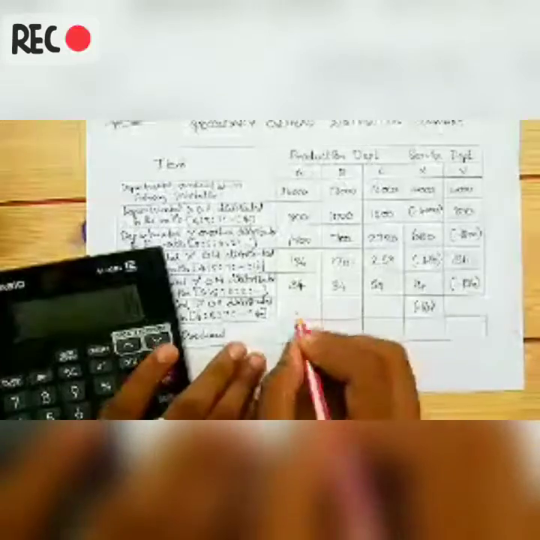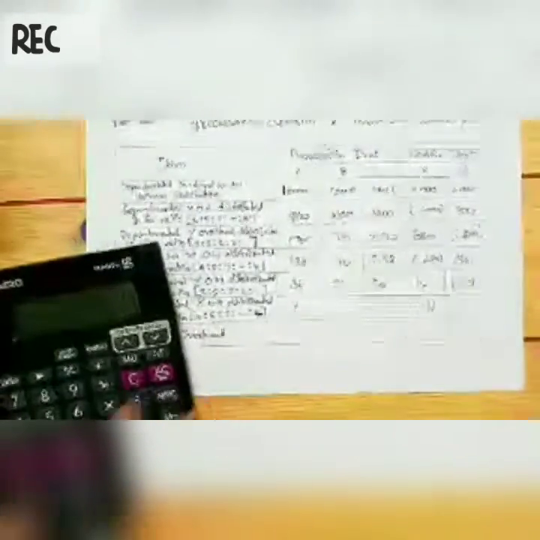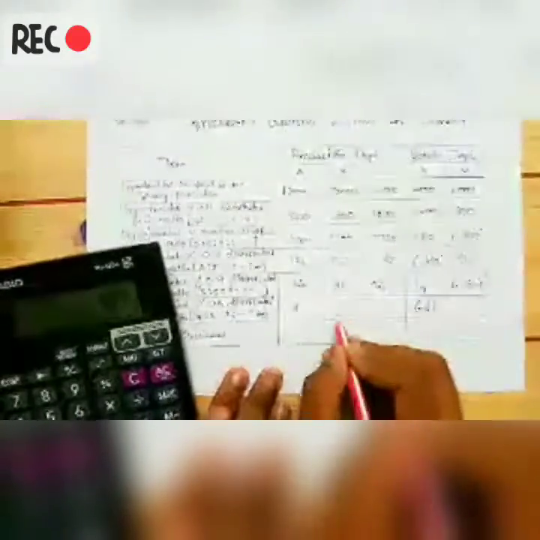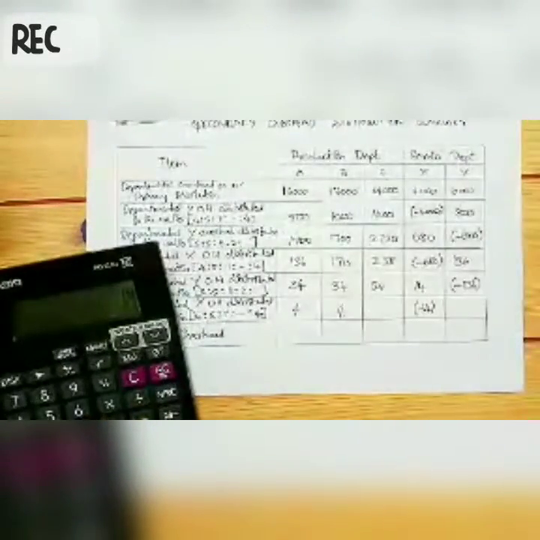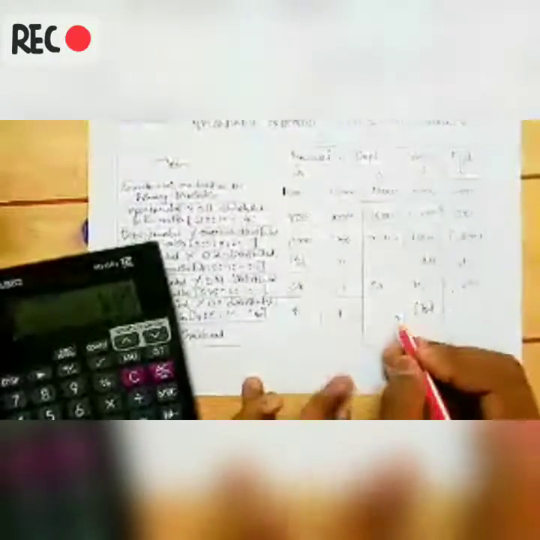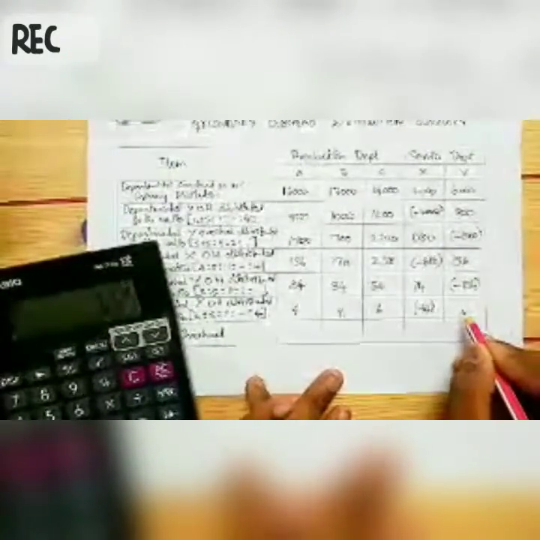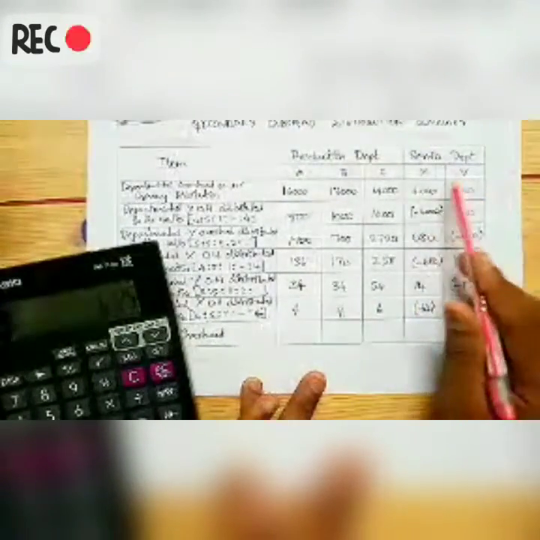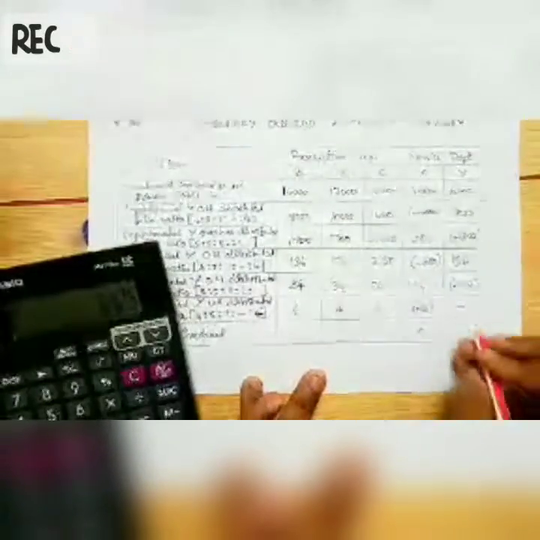It becomes 3.5, written as 4. 14 into 5 divided by 16 becomes 4.3, written as 4. 14 into 7 divided by 16 becomes 6.1, written as 6. Service department X will be 0, and service department Y will also be 0.